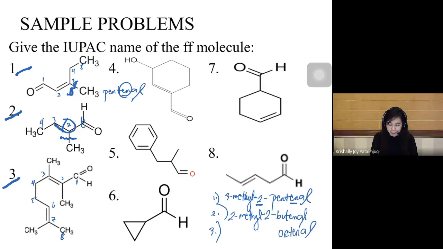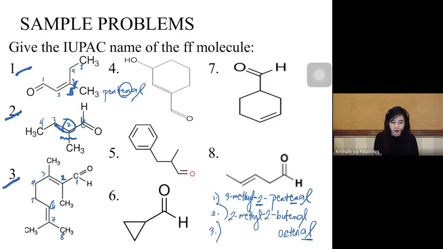Okay, but we are not done yet. Octenal. But you try to find out that there are two double bonds. There is no problem with the aldehyde group, because there is only one. But proceed to the next priority functional group, the double bond. There is a double bond at carbon 2 and a double bond at carbon 6.